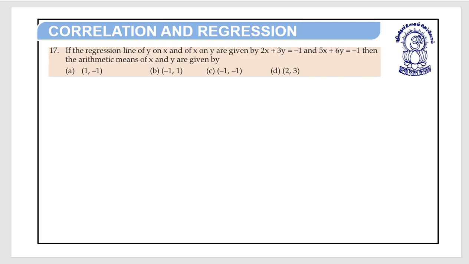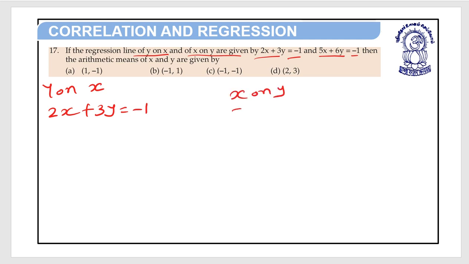Now question number 17. If the regression lines of y on x and x on y are given by 2x plus 3y is equal to minus 1 and 5x plus 6y is equal to minus 1, then the arithmetic means of x and y are given by? Y on x equation is 2x plus 3y is equal to minus 1.